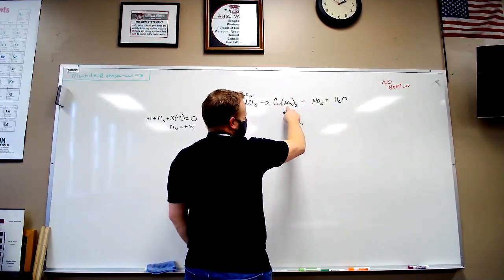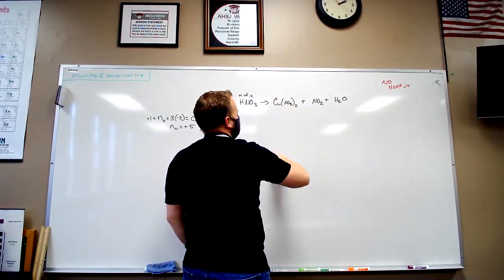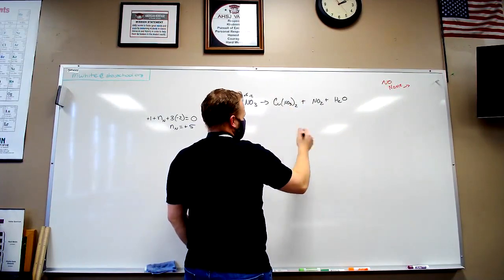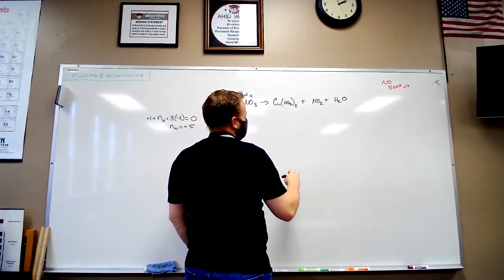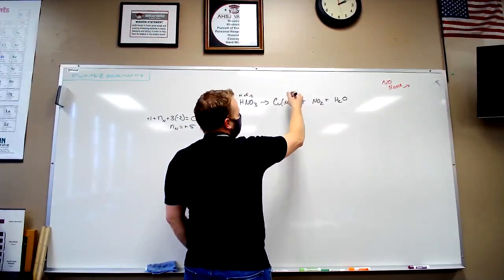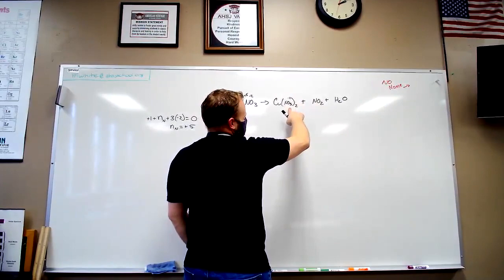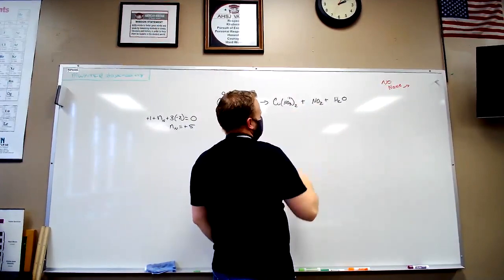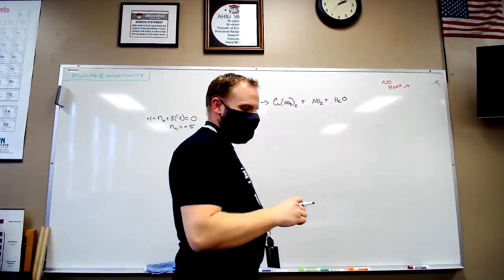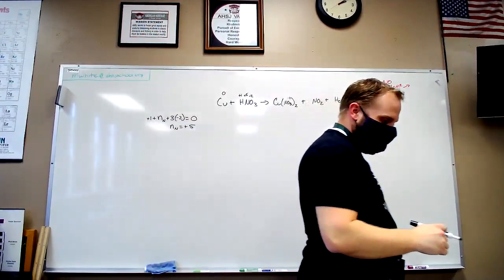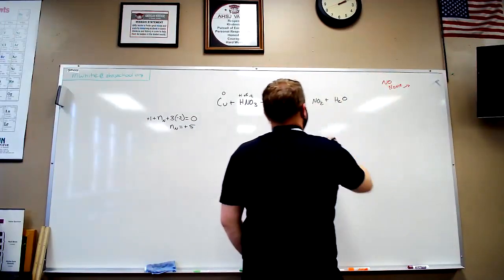So this NO3, it's going to have a -1 charge. We know that oxygen is -2, and if the whole thing is -1, once again, our nitrogen has to be +5.